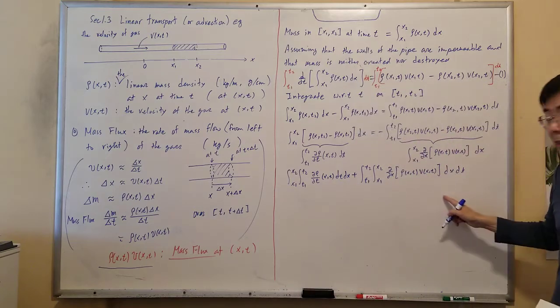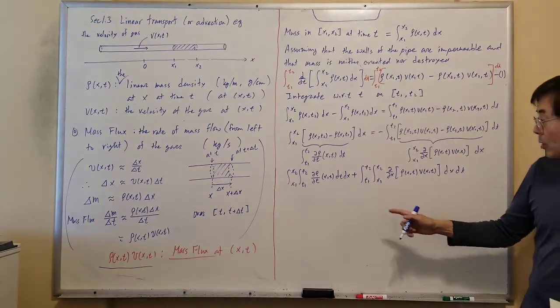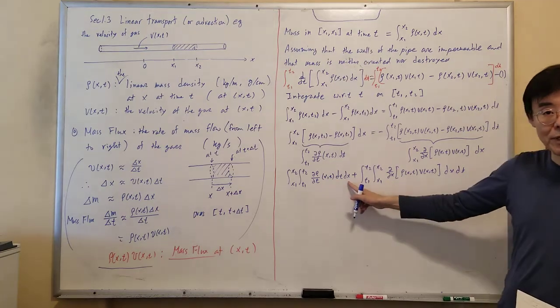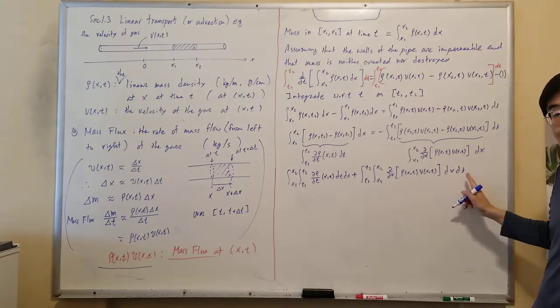So this is an iterated integral, with respect to t first and then with respect to x, and with respect to x first and then with respect to t.